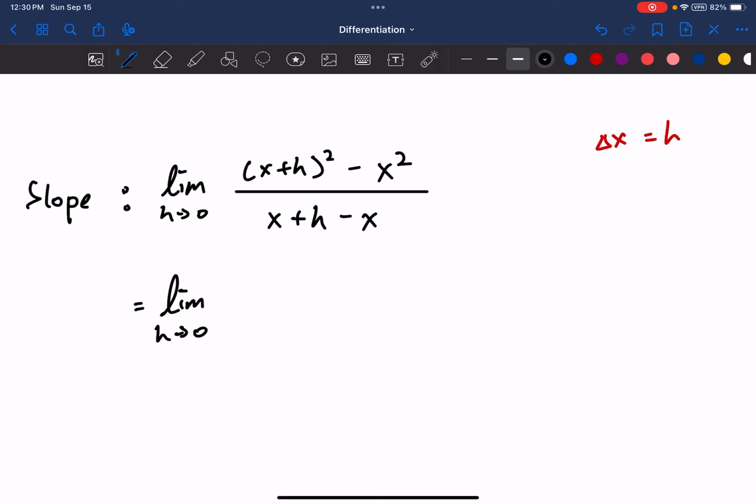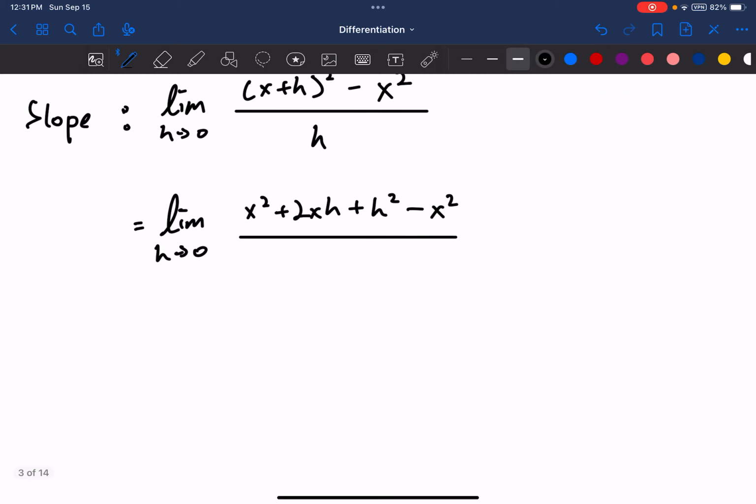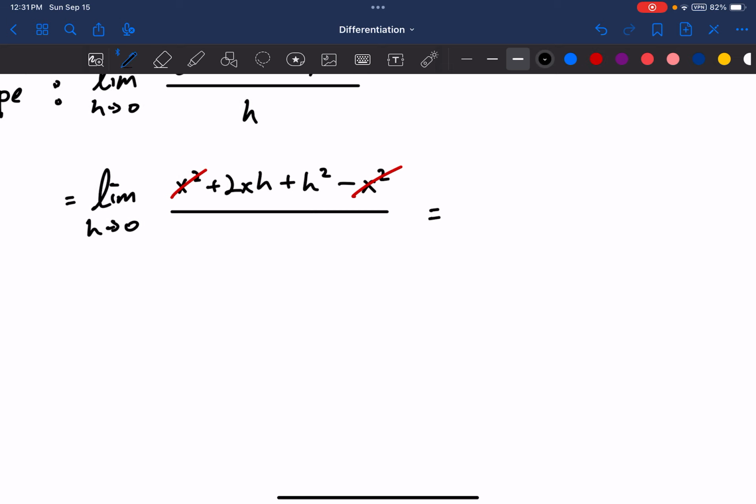Okay, so you just expand this, right? It would be x squared plus 2xh plus h squared minus x squared. Here x squared and x squared cancel out, and then we will just be left with 2xh plus h squared over h.